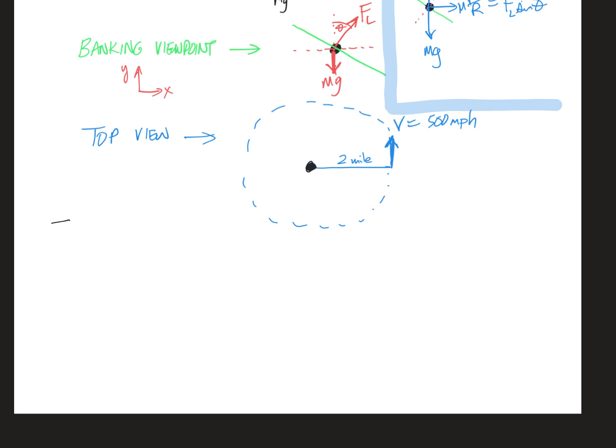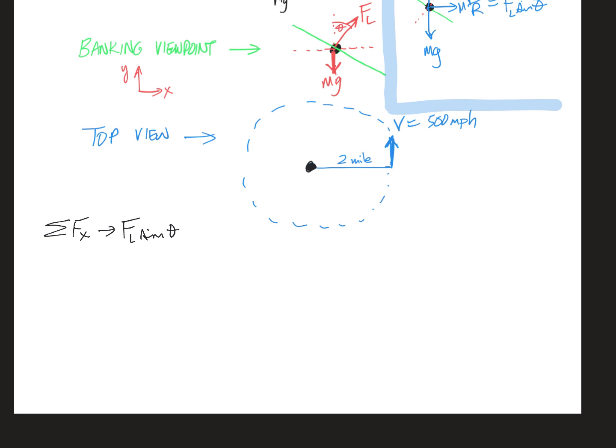So if I sum the x forces, the only horizontal force is some fraction of the lift force. Sine, cosine, tangent are fractions of something.